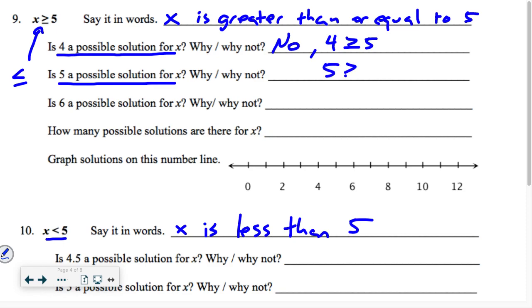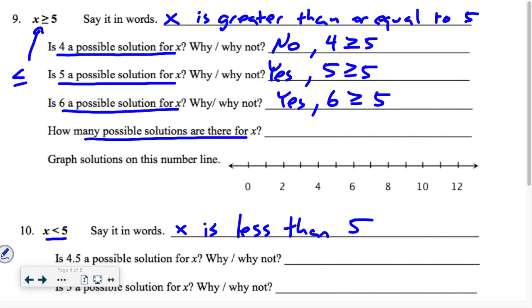Is 5 greater than or equal to 5? Yes, because of the greater than or equal to. Is 6 a possible solution for x? Yes, because again, 6 is greater than or equal to 5. So how many possible solutions are there for x? There are infinite possibilities that are greater than 6.